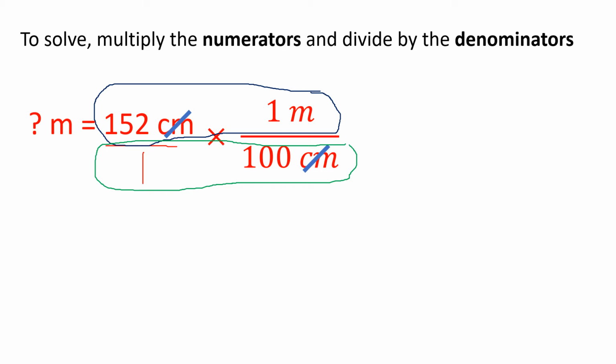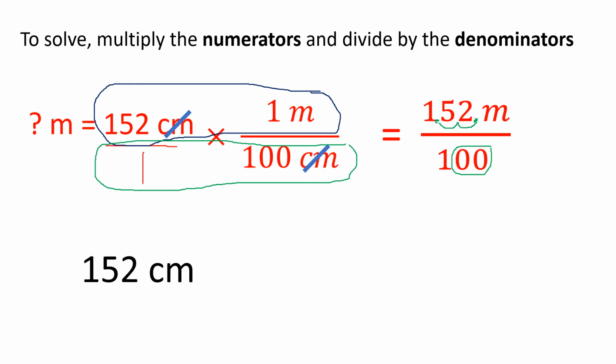So 152 meters divided by 100. That's really what we're saying. And you don't even need a calculator for that. You can just move the decimal point to the left 2 spaces. So 100 has 2 zeros, right? This is our decimal point right here, even though it's not listed, that's where it is. So really, dividing by 100, we're just going to move that decimal place 2 spots to the left, and that's going to leave us 1.52 meters.